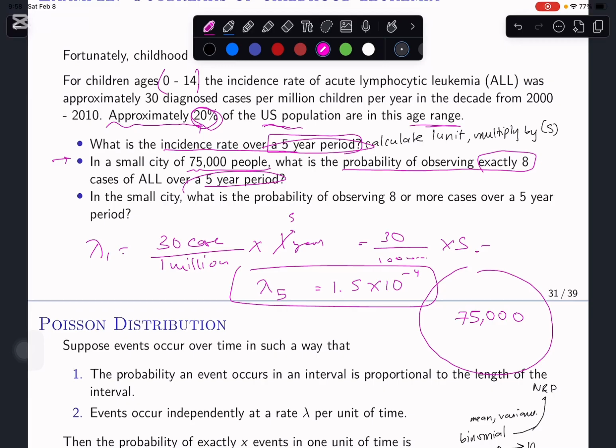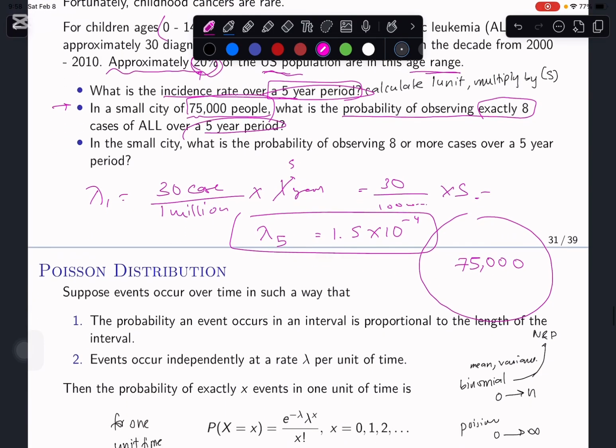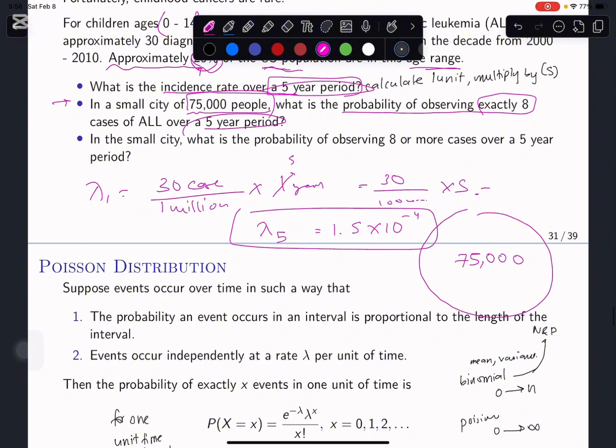So we have in this question 75,000 people. What you're gonna do is 75,000 times 20%, which is equivalent to 75,000 times 0.2.